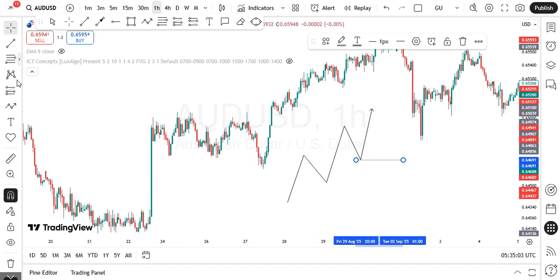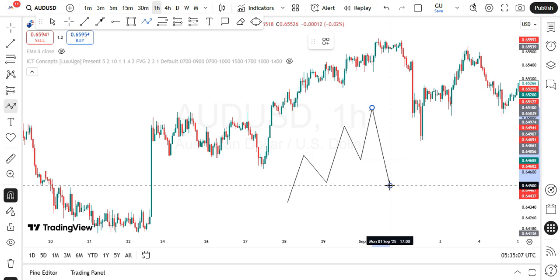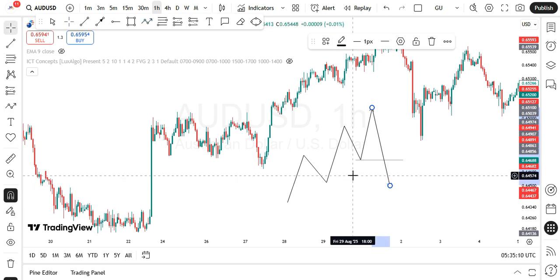This is because if for any reason the market comes down to this point and breaks below it, one could possibly say there is a break of structure. This break of structure, in this case, means there could be a shift in the market structure, or what other persons may call a change of character, right?